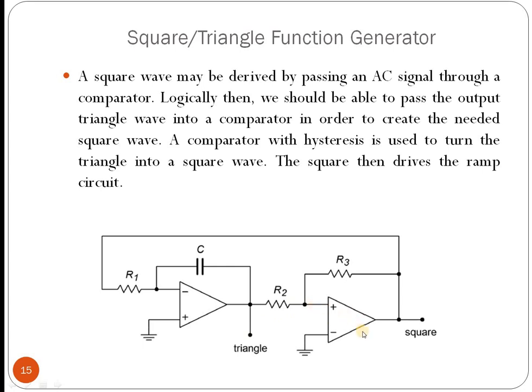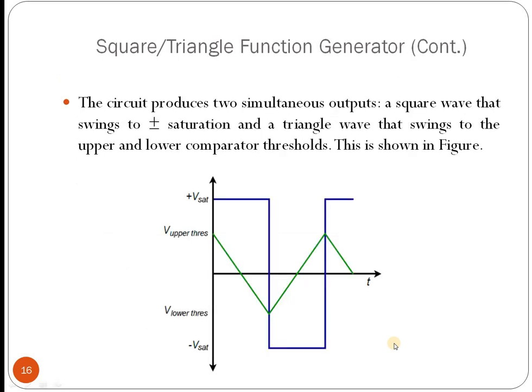From here it will show the final output as a square wave. The square wave then drives the ramp circuit.